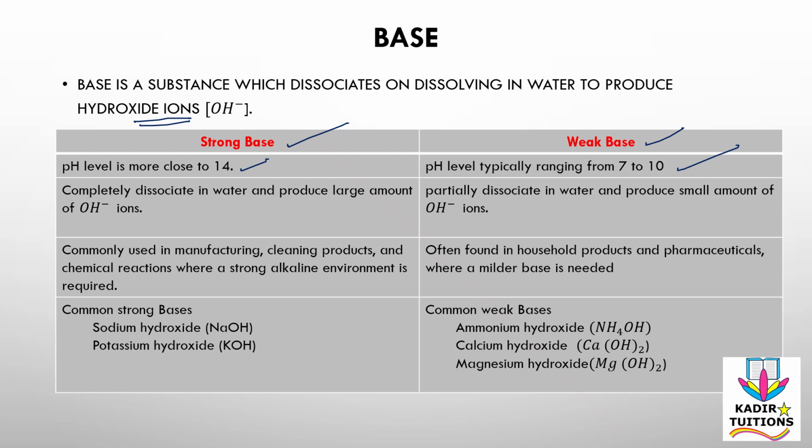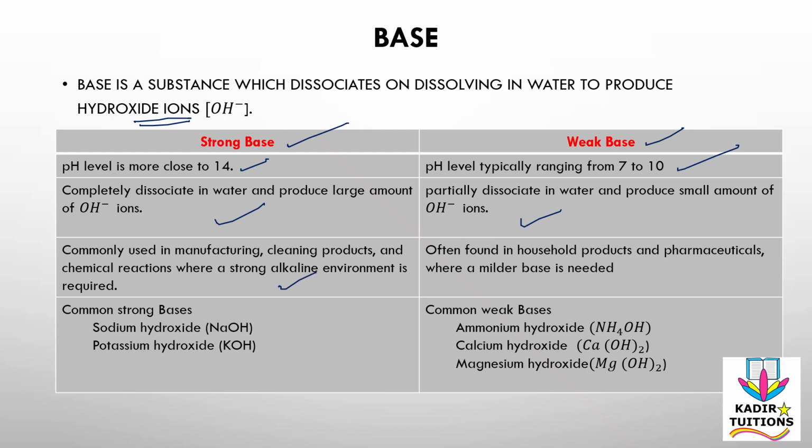In a strong base, the substance is going to completely dissociate in water and produce a large amount of hydroxide ions. But in a weak base, partial dissociation happens, so it produces a small amount of hydroxide ions.